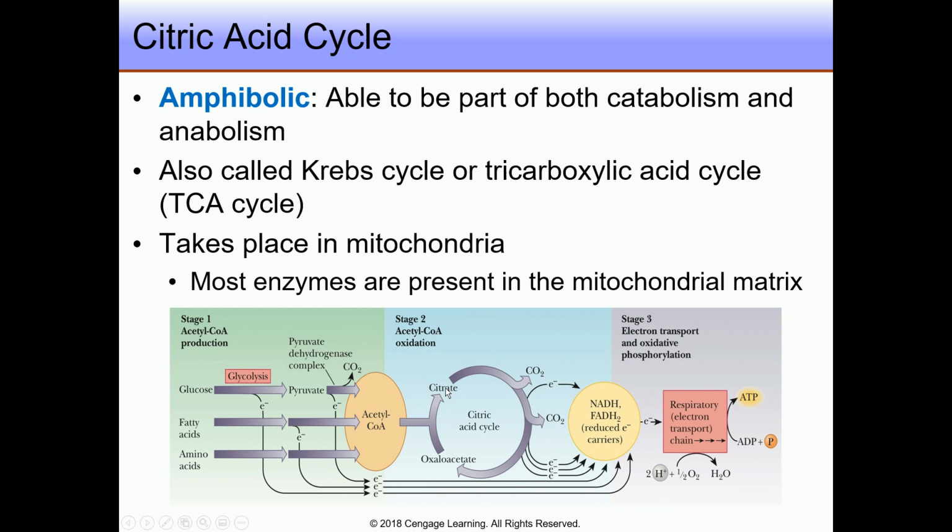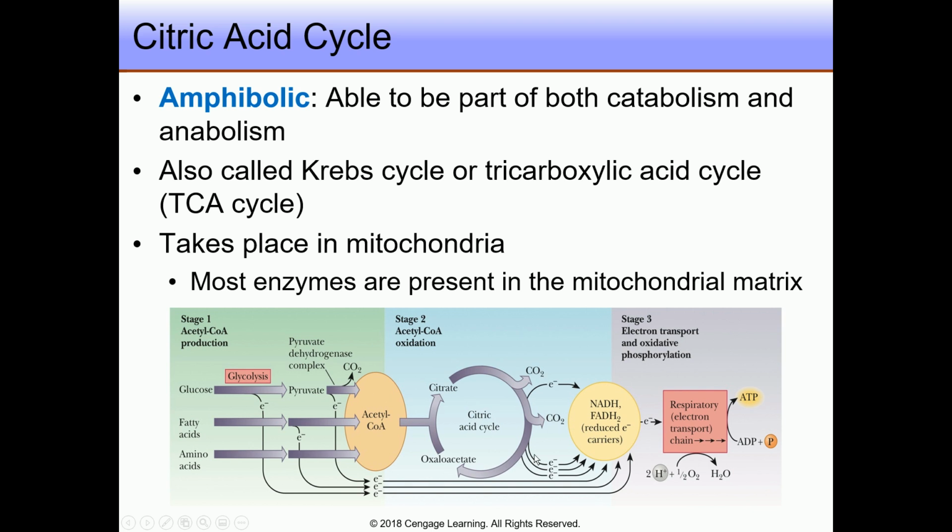Now this acetyl coenzyme A enters a cyclic series of 8 reactions, because in these reactions we start with one compound called oxaloacetate, which has 4 carbons, and we end up with oxaloacetate. So these reactions go in a cyclic way, that's why it's called the citric acid cycle.